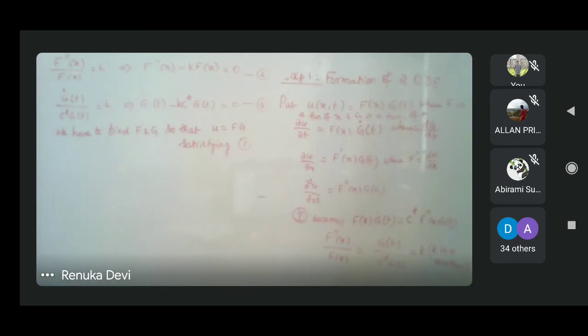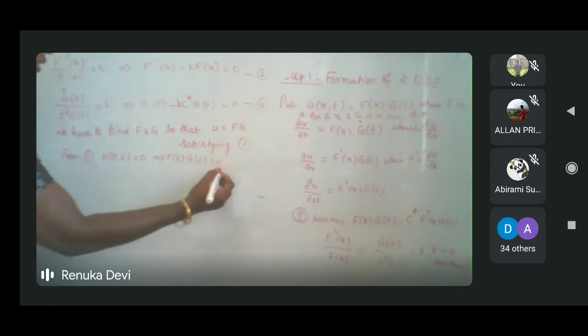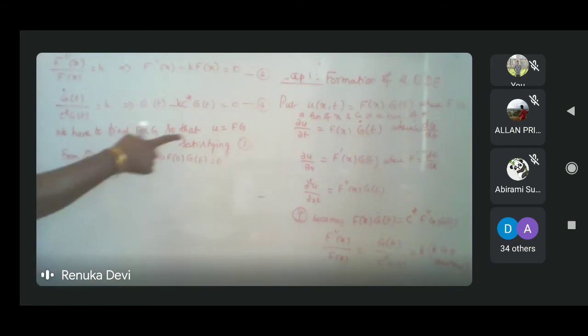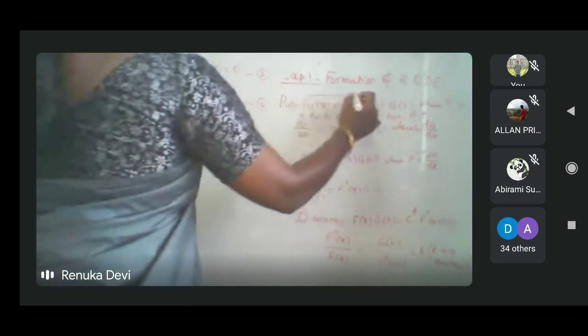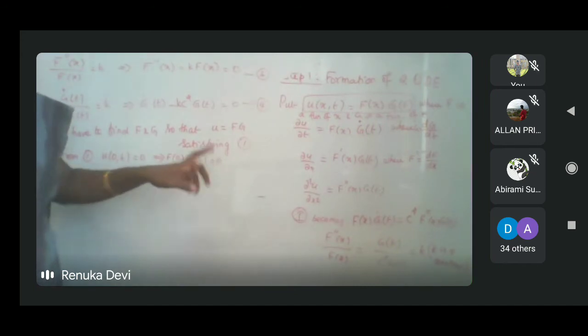Now, from 1, u of 0 comma t equal to 0 implies this is x equal to 0 and t is t. Therefore, f of 0 into g of t equal to 0. Is it clear? Because u is equal to f of x into g of t. Therefore, u of 0 comma t will be f of 0 into g of t equal to 0.